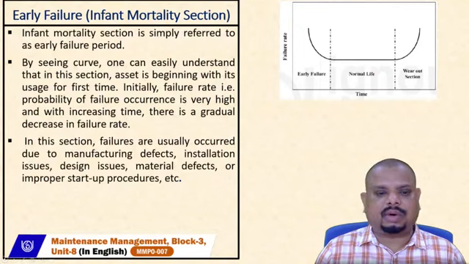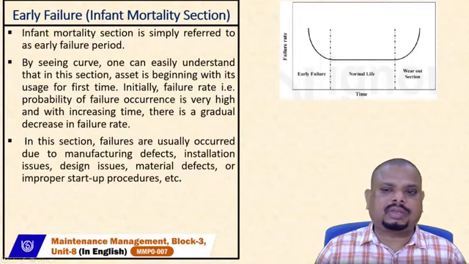Failures are in the form of manufacturing defects in the blades or the coil casings, or failures may occur due to installation issues. There may be some design issues we consider.